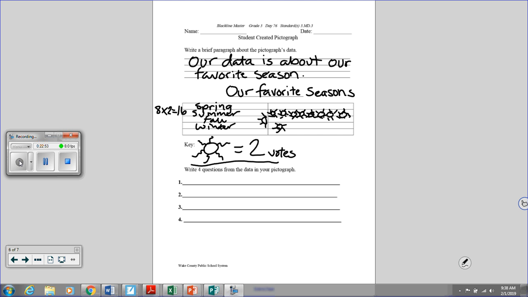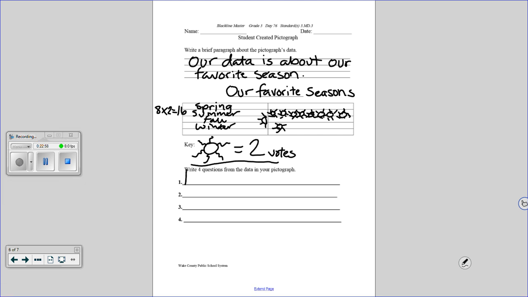Aiden? How many more people voted for summer than winter? Good. How many more people voted for summer than winter? What kind of equation would I make to answer that question?